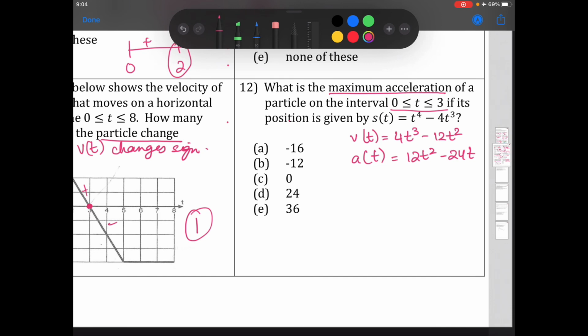I want to find it over the interval from 0 to 3. Whatever gives me the largest positive value is going to be the maximum acceleration. So a of 0 is actually 0, and a of 3 would be 3 squared is 9, 9 times 12 is 108, minus 24 times 3 is 72, which is 36. So it's going to be choice E.